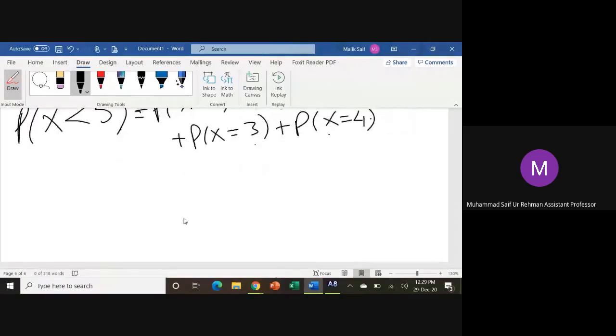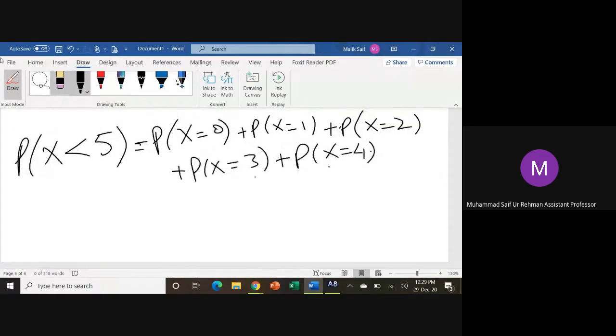So let us solve this. See what is the answer. So you will start from NC0. So what is N? 9 ohms are there in total. So you write down 9C0 0.80 power 0 multiply by 0.20 power 9 minus 0, that is 9.